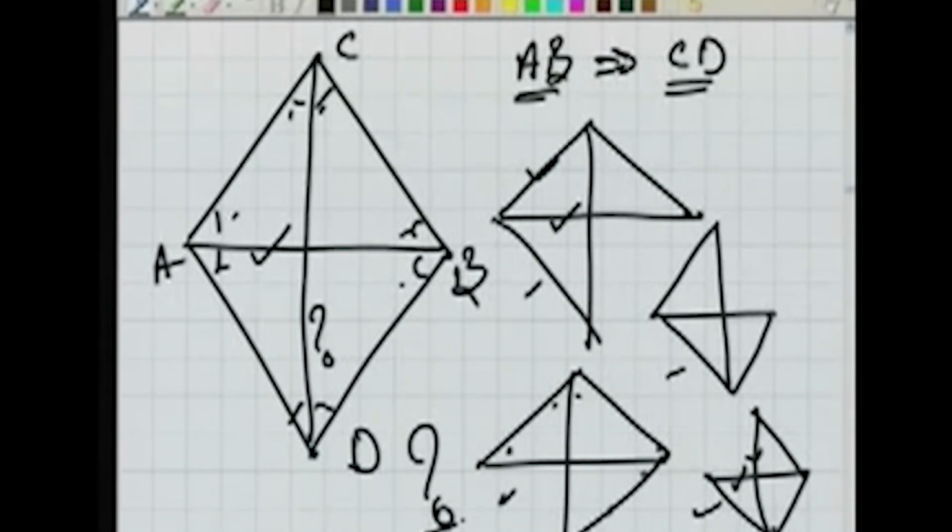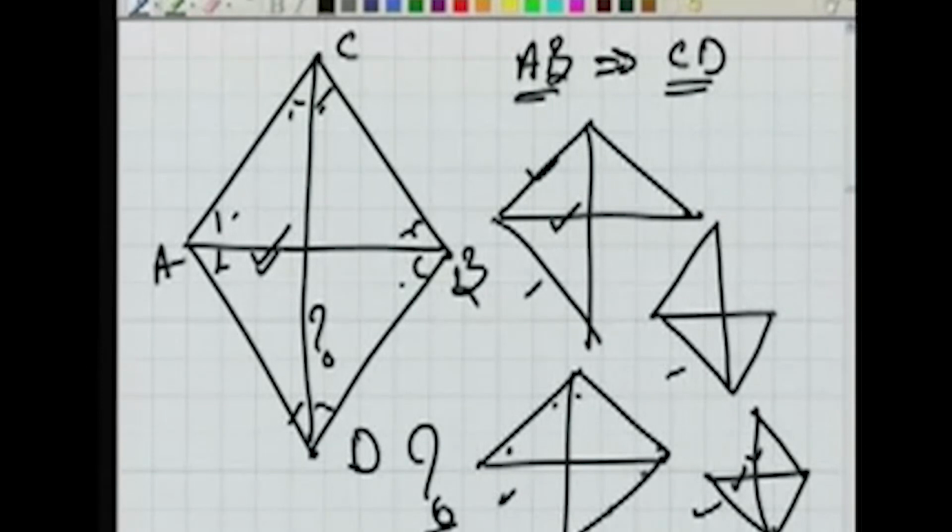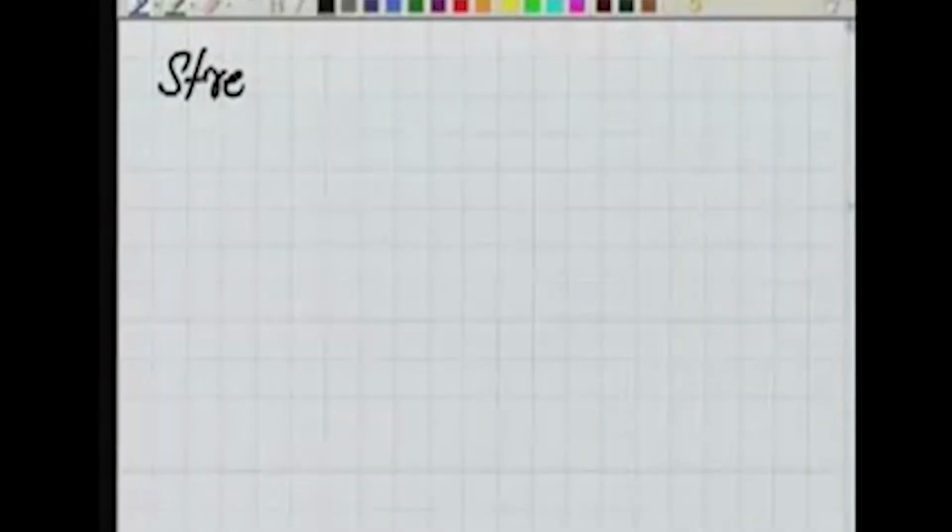We have to answer this again, because we would like to compute the unknown length CD from the known length AB through the best route. Maybe this route is best, so we would like to find out which one is the best route and do our computations from that route. So how do we do this? This is the concept of strength of figure.